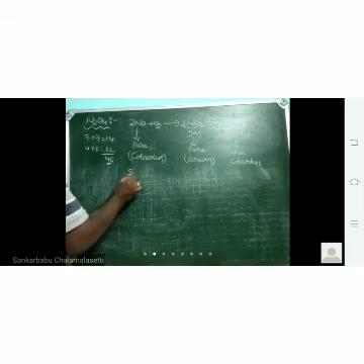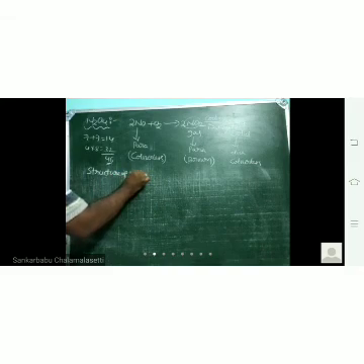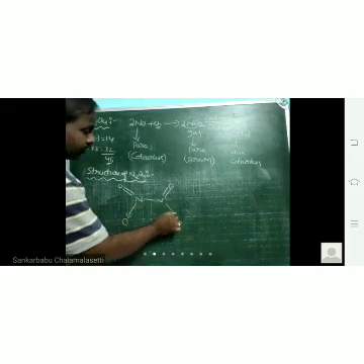Next, structure of N2O4. It has two structures, one is symmetrical and another one is unsymmetrical. So for N2O4, one structure will be like this, two dative bonds are there.